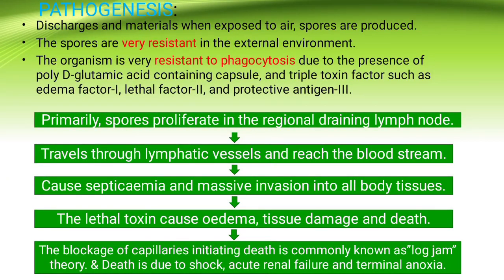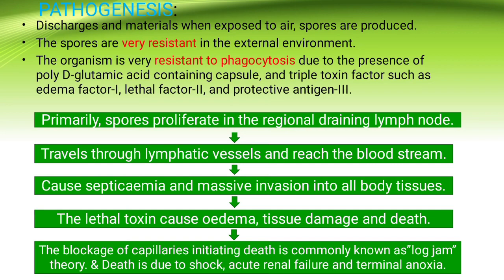Pathogenesis. Spores are produced from discharges and materials when exposed to air. The spores are resistant in the external environment. The organism is very resistant to phagocytosis due to the presence of the polyglutamic acid containing capsule and triple toxin factors such as edema factor 1, lethal factor 2 and protective antigen 3.